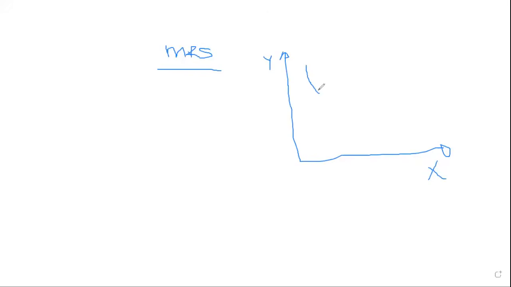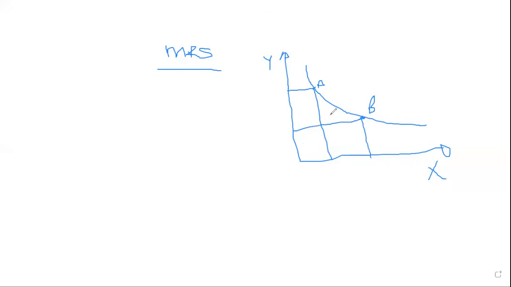If this is our indifference curve, let's say we have point A here, and then we have point B here. So what do you see? As I move along the indifference curve, there's a trade-off. I am substituting one commodity for the other. So if I move from point A to point B, I gain more of x, and then I reduce y.